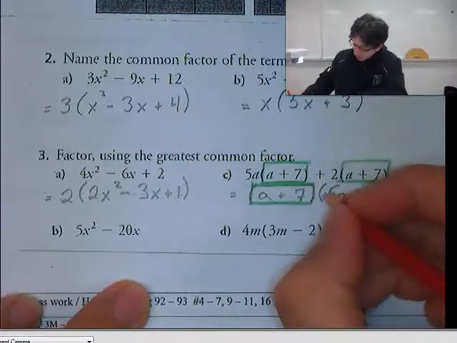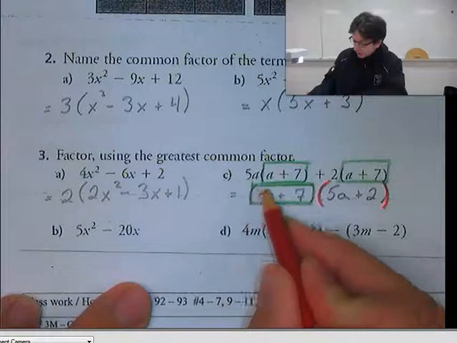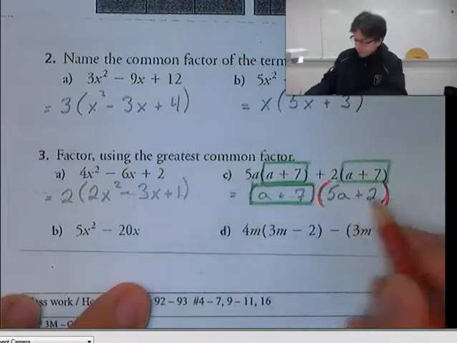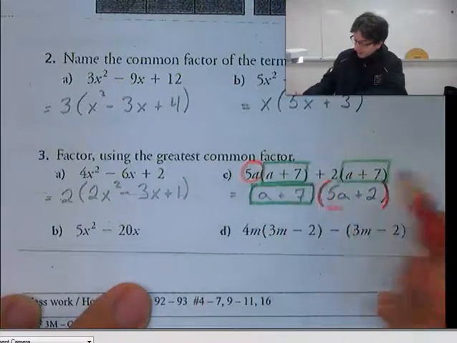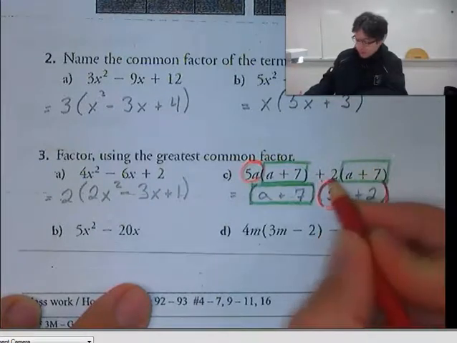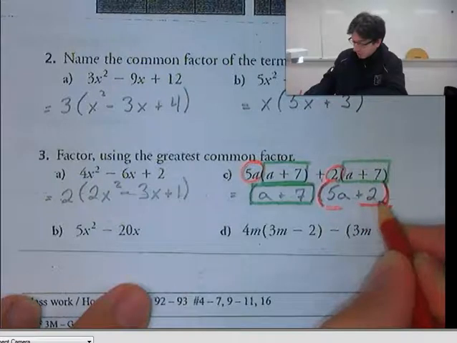And then what do we multiply that by? Well, for our first term, it would be this bracket multiplied by 5a. So we put in 5a. And for the second term, it's plus this bracket multiplied by 2. So we take that 2, put it there.